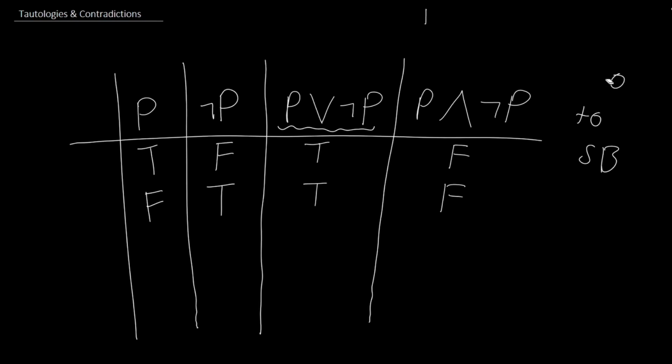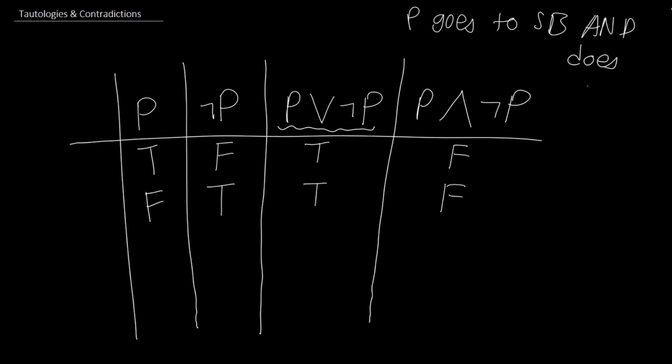Now, similarly, let's translate our next example, a contradiction. This translates into Peter goes to Starbucks and does not go to Starbucks. How is it possible that you are doing something and not doing something at the same time? How can Peter be going to Starbucks and also not going at the same time?